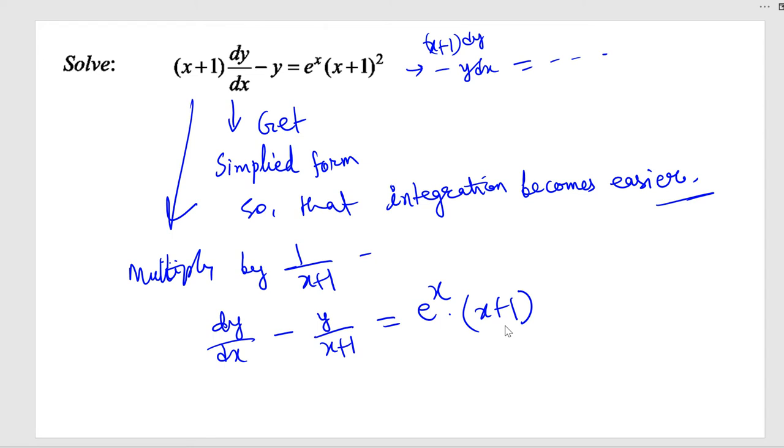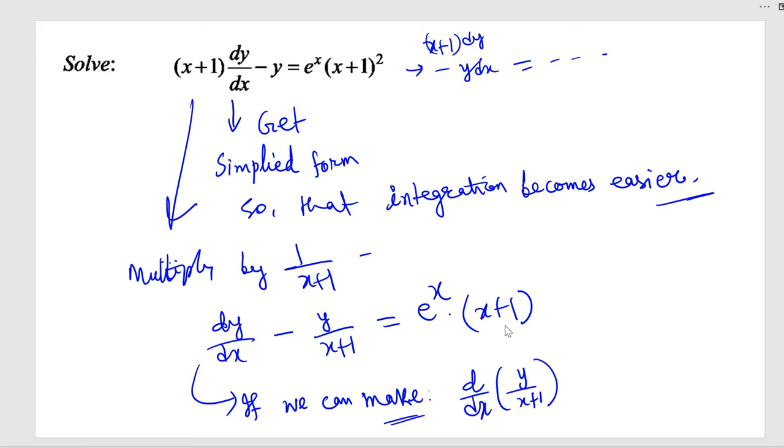Now, if we can make the form in this way, actually this remains d dx of y upon x plus 1. If we can make this equal to, or let us write d equals to.